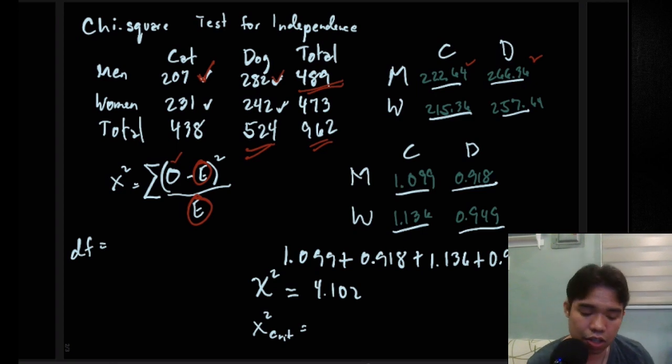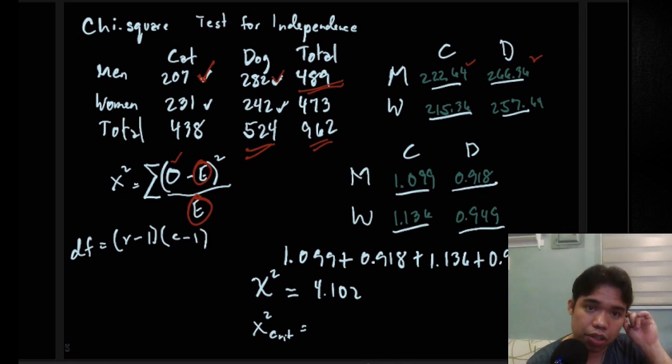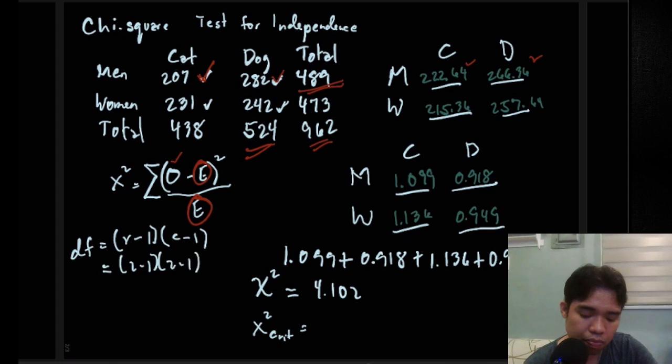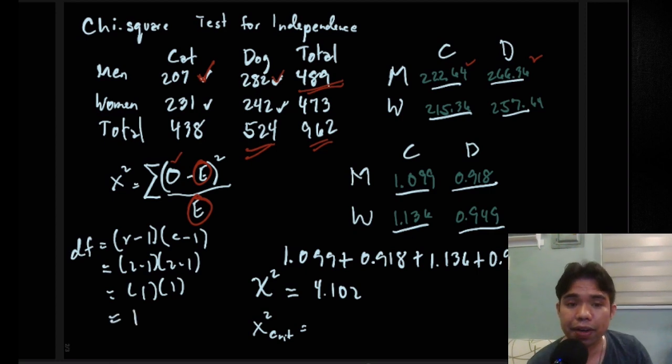So degrees of freedom for chi-square is the number of rows minus 1, times the number of columns minus 1. In our original table, it's the same columns and rows for each of the three tables. There are 2 rows and 2 columns, so it's 2 minus 1 times 2 minus 1. So that is 1 times 1, which is 1. So the degrees of freedom is 1.